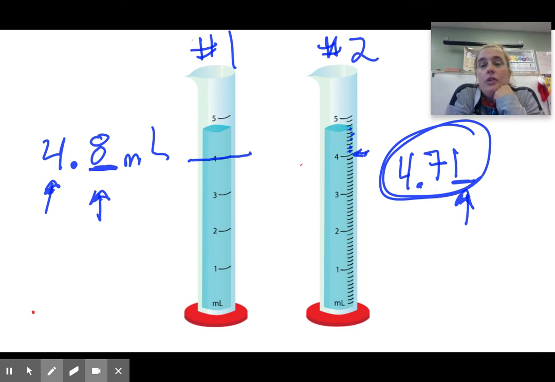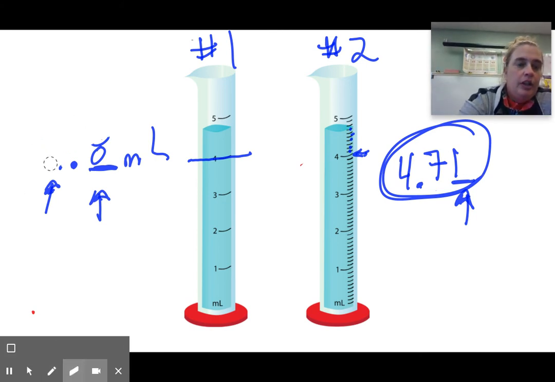Whenever we measure things, we can only measure out to a certain degree based on the measuring tool that we use. We have a few graduated cylinders that have more tick marks than others. You want to make sure you're choosing the correct tool to get you the best measurement possible.